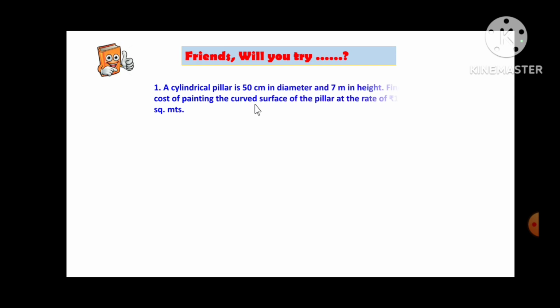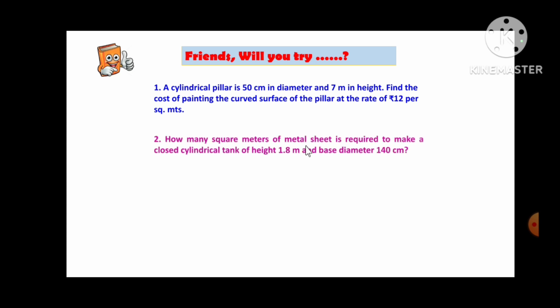Number 1. A cylindrical pillar is 50 centimeter in diameter and 7 meter in height. Find the cost of maintaining the curved surface area of this pillar at the rate of rupees 12 per square meter. Second, how many square meters of metal sheet is required to make a closed cylindrical tank of height 1.8 meter and base diameter 140 centimeter.